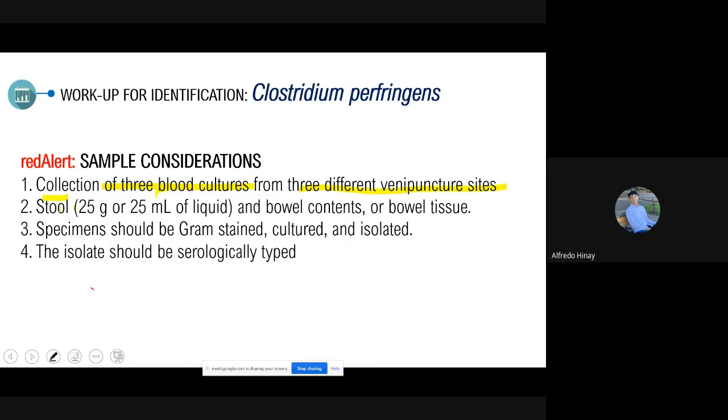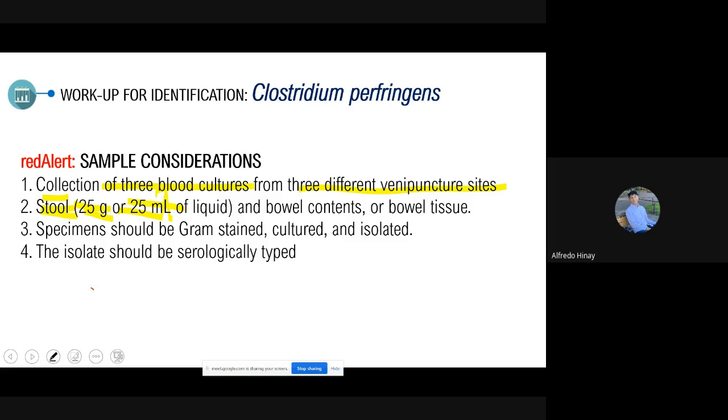Tapos pag stool yung sample mo, dapat 25 grams at saka 25 ml. Ganito class, every time na kailangan ng sample ng stool, tapos Clostridium or anaerobic, 25 talaga yan siya. Even with the food, 25 grams or 25 ml. Then specimen should be gram stained, cultured and isolated. Then the isolate should be serologically typed.